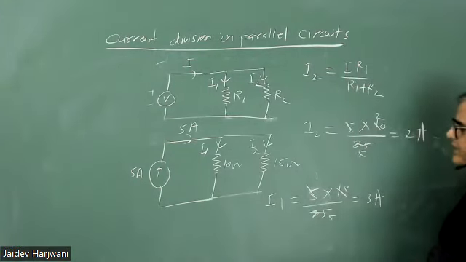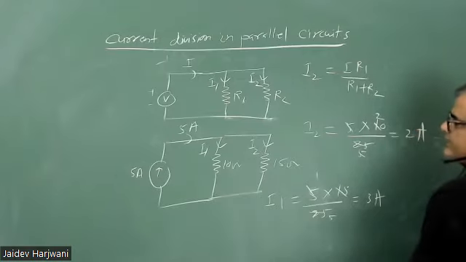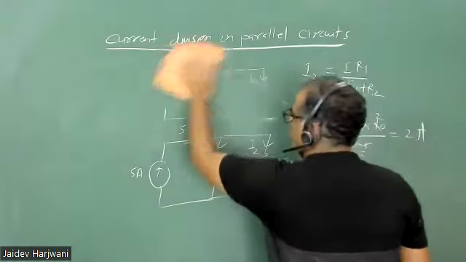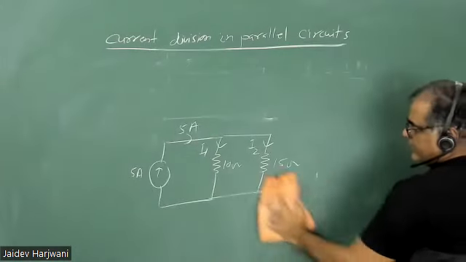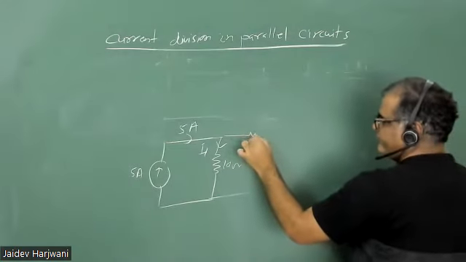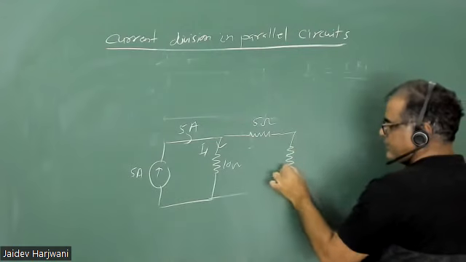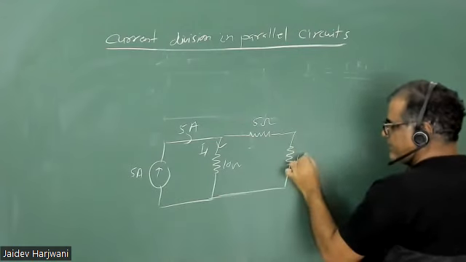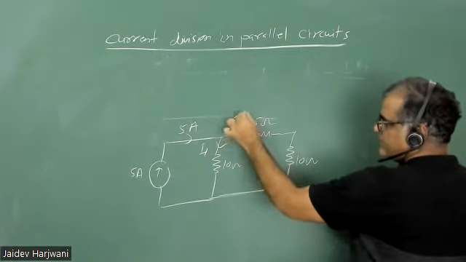Now let me slightly modify this circuit. The same circuit I'm modifying a little bit, and then you have to tell me what I1 and I2 are now. Say this is 5 ohm here, 10 ohm here. I1 is coming here, I2 is coming here.